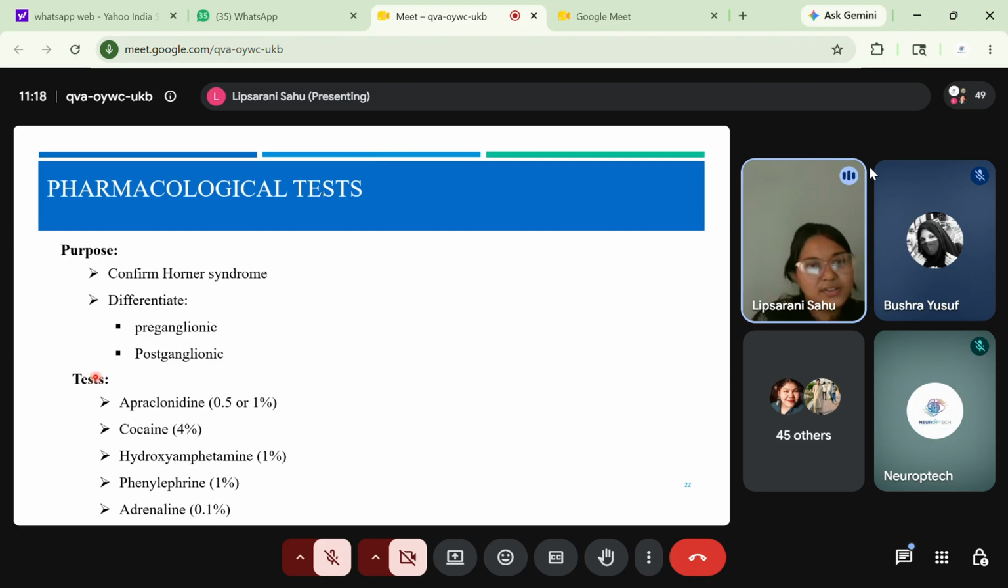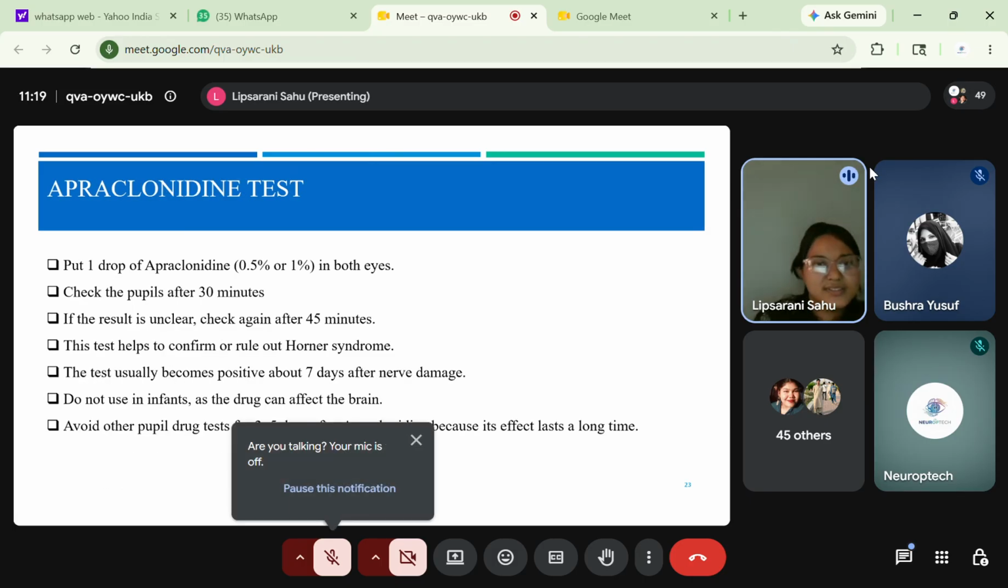Let's see what pharmacological tests are available for Horner syndrome: apraclonidine, cocaine, hydroxyamphetamine, phenylephrine, adrenaline. Let's discuss each test deeply.